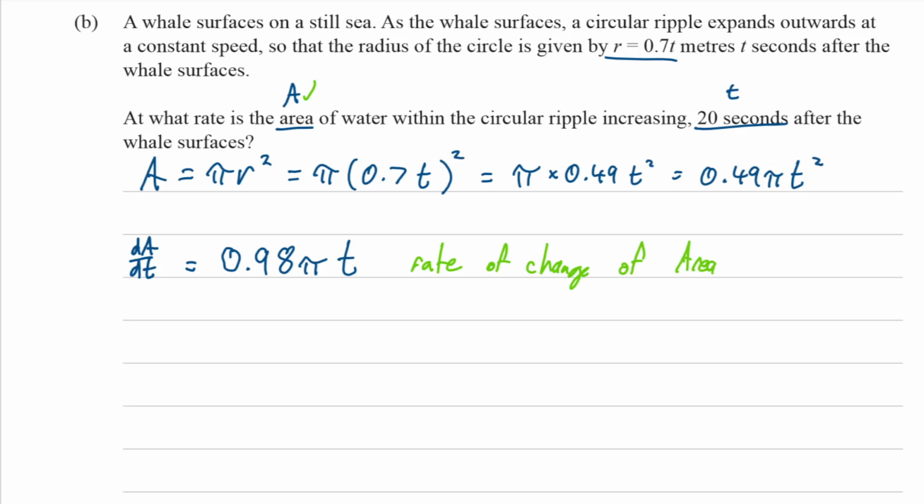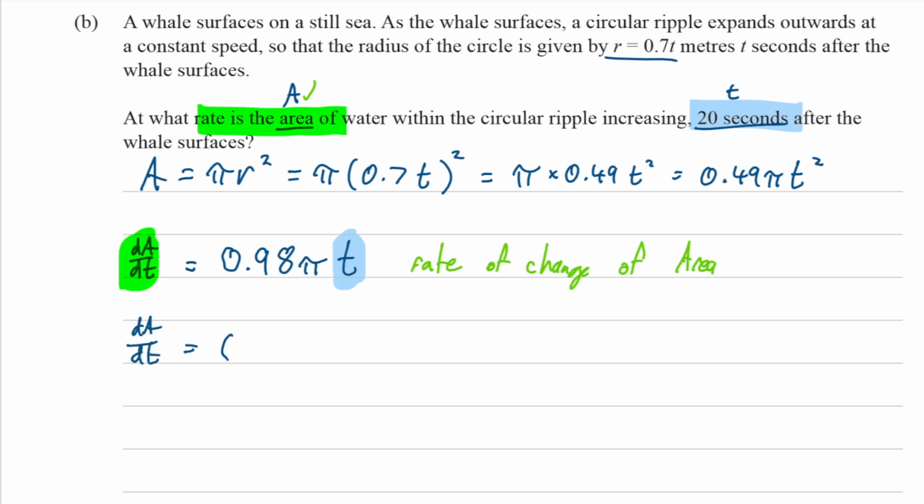Rereading the question, it's asking us to find the rate of change of area for time is 20 seconds. So what we can do is substitute 20 into our rate of change of area equation to find the rate of change of area at 20 seconds.